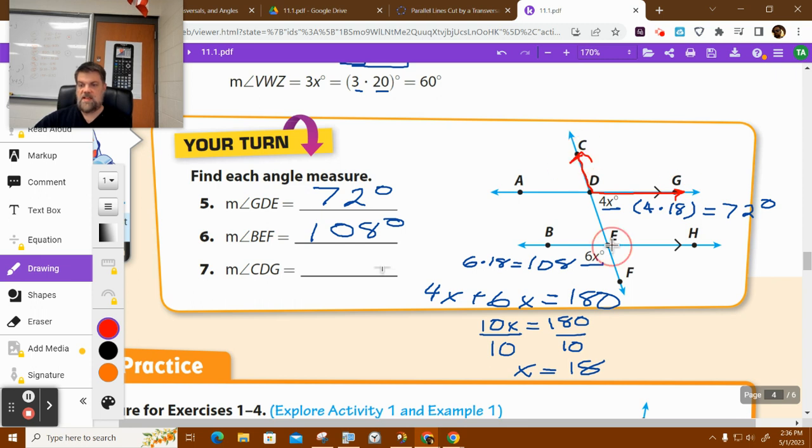Well, this angle and this angle are congruent because they're alternate exterior angles. So this is 108. Big angle equals the big angle.